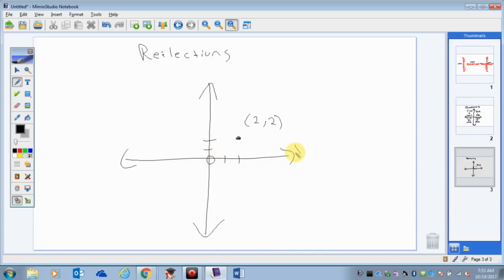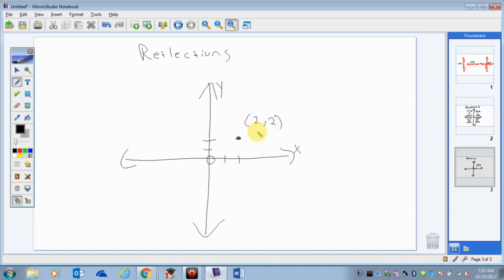This is my x-axis, the side to side is my x, the up and down is my y. So if I wanted to reflect it, which when you look in the mirror you see your reflection, basically it's just on the complete other side. It can either reflect over the x-axis, so it can reflect down here, or it can reflect over the y-axis. It will tell you which one it wants.